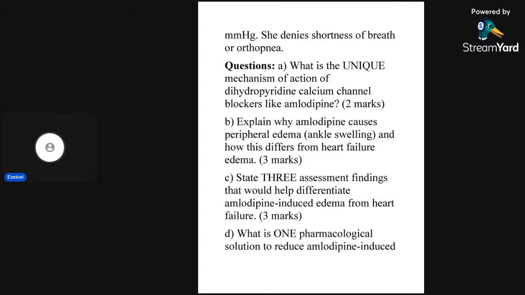The dihydropyridines that block only the vessels, an example is amlodipine. I hope I'm clear. The selective is the dihydropyridines. The non-selective is the non-dihydropyridines, which can do either of the two that you want it to do.